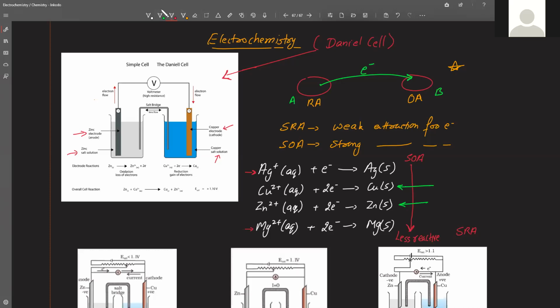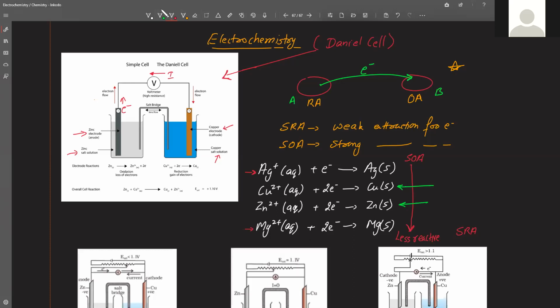Now a voltmeter is connected here, and it is observed that the current flows in this direction, right? So if the current flows in this direction, that means the electron must have started traveling in this direction. So this is the direction of current. Current is traveling from right to left, and electron is traveling in the outer circuit from left to right.